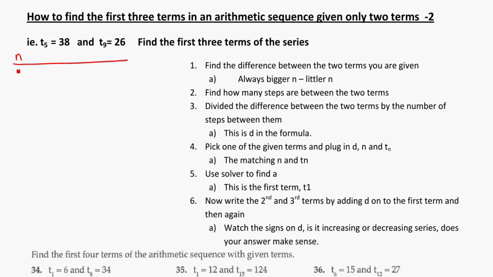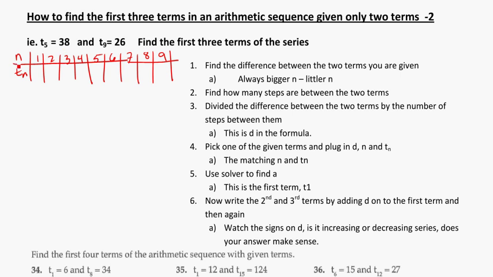if we think about making up a table for ourselves, term numbers at the top, what they've done is they've given us term number 5, and they've said it's equal to 38.